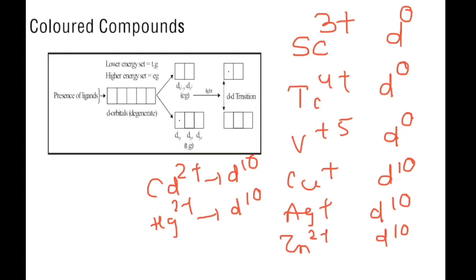But exceptionally, some complex compounds having d0 or d10 configuration are also colored. This is not mainly due to d-d transition.